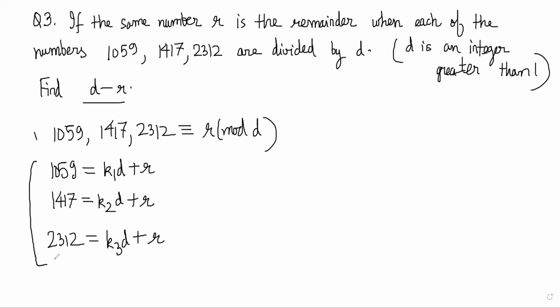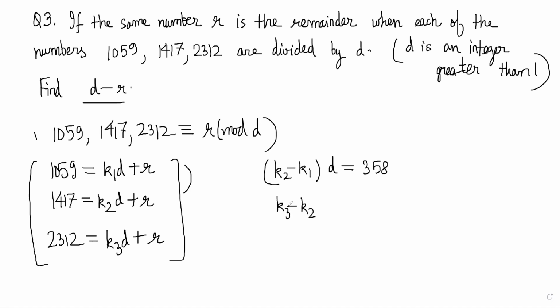So now you can use these three equations, subtract them and remove r, right? If you use these two, you will get (k2 minus k1) times d is equal to 358. Then third and second, if you subtract, (k3 minus k2) d is equal to 895.